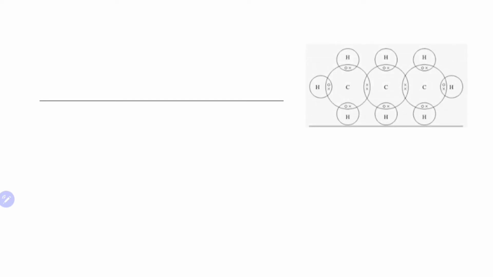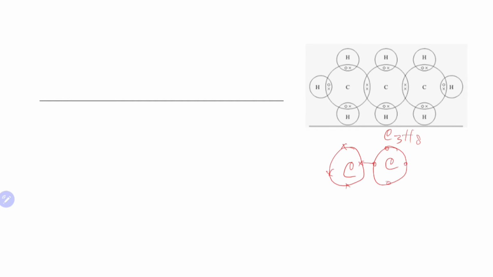Here we have C3H8. First, you already learned about hydrocarbon. Carbon has 4 valence electrons. We join first the carbon atoms together, and then with the other C atom.